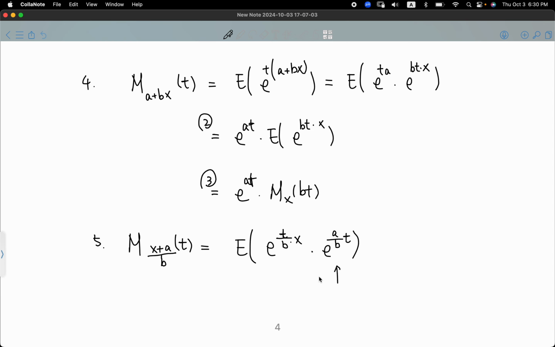So this is a constant, and then now this is your new t star. So applying 2 and 3 again, you will have e raised to the power of a over b multiplied by t, and the moment generating function for your original random variable x evaluated at t divided by b. So these are all derived from property 2 and 3.